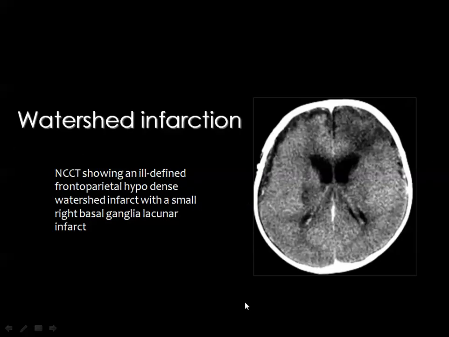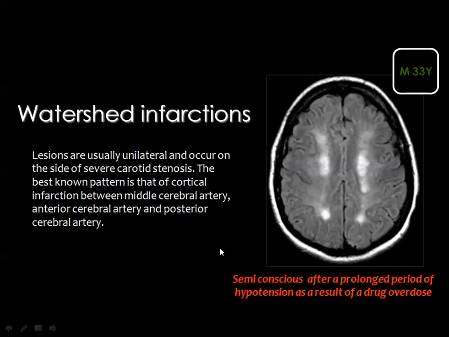And of course, the watershed infarctions are the sequelae of a drop of the blood pressure that is unable to maintain the capillary pressure essential for tissue perfusion. Then you have an ischemic area between the vascular territories, like this one between the anterior cerebral and the middle cerebral. And these are also watershed infarctions between the cerebral vascular territories.